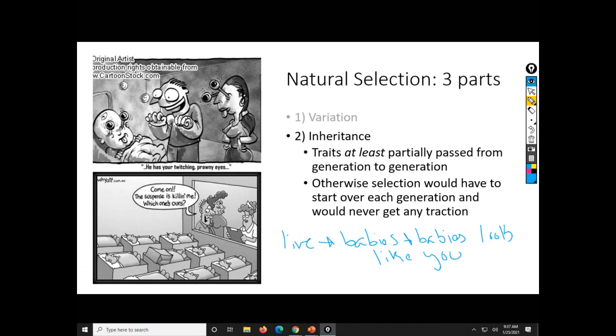So this is what we mean by inheritance, right? If I'm a moth, I live, I'm not eaten by the oppressor birds, and I get to breed and have little moth babies. Those moths should look like me, because the way I look is part of my genes, and I'm going to pass my genes on to my moth babies.